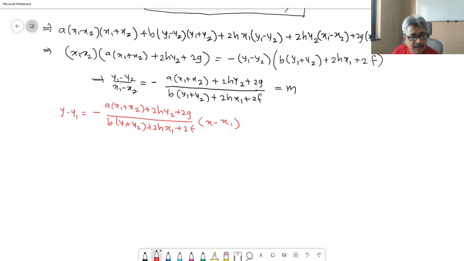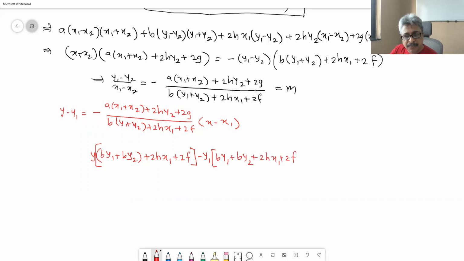Cross multiplying we get, rather than being too clever, it is better to cross multiply calmly. y into (by1 plus by2 plus 2hx1 plus 2f) minus y1 into (by1 plus by2 plus 2hx1 plus 2f) is equal to... Now if we absorb that minus sign, eventually we are supposed to take everything to LHS, so might as well do that in this step only.